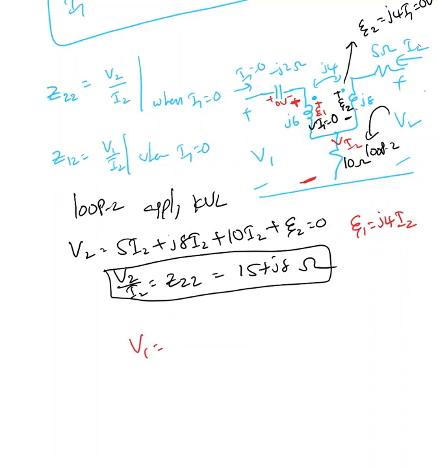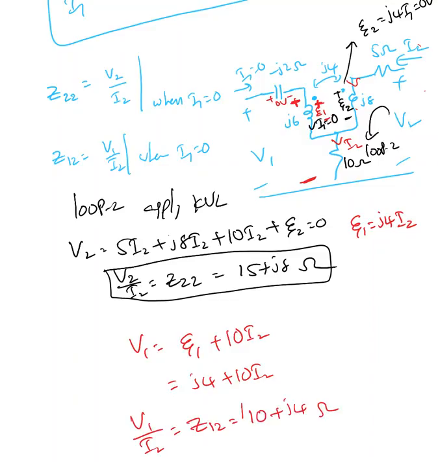Which one is positive, which one is negative? Current is entering the dot, so the dot terminal is positive, so the top one is positive, bottom one is negative. So V1 equals E1 plus 10 I2. E1 is nothing but J4 times I2, plus 10 I2. So V1 over I2 equals Z12. I have 10 plus J4 ohm.